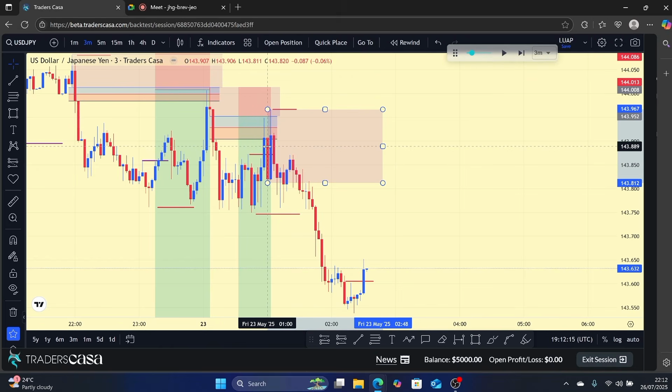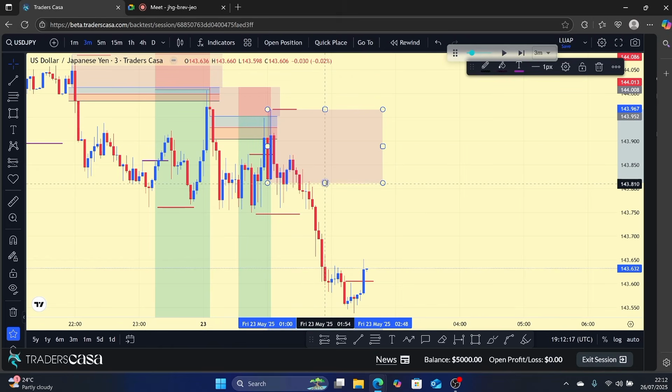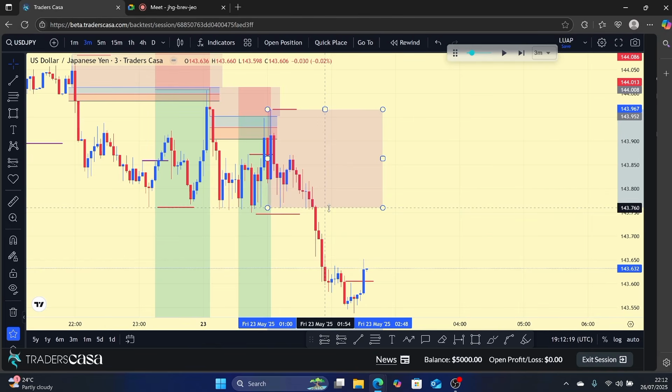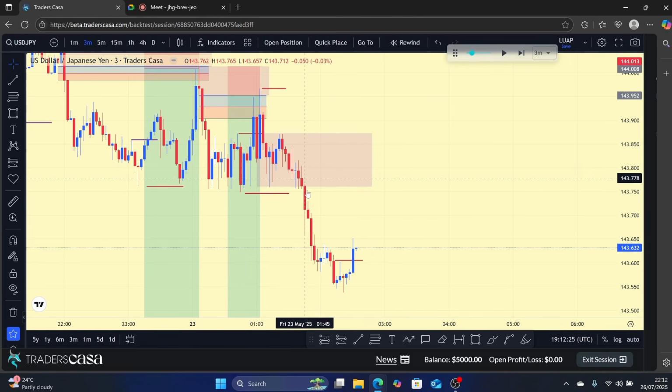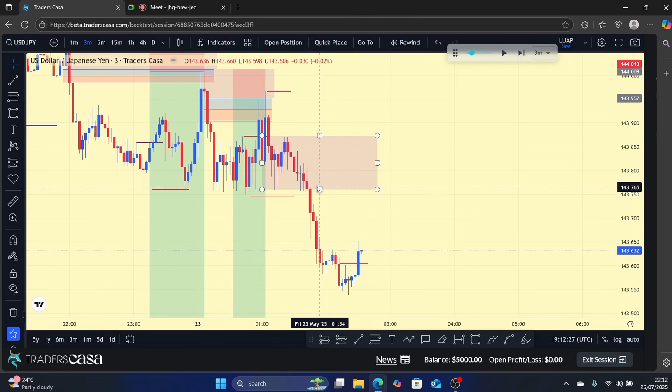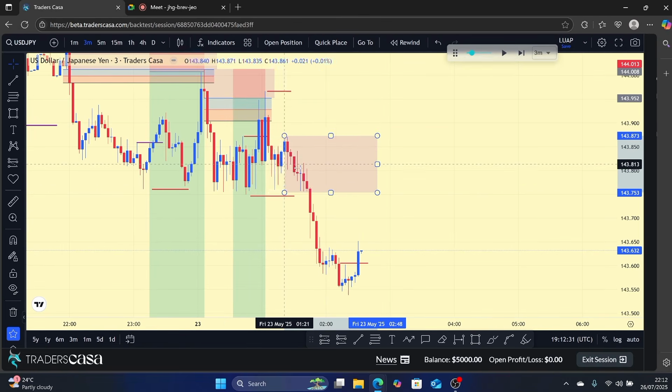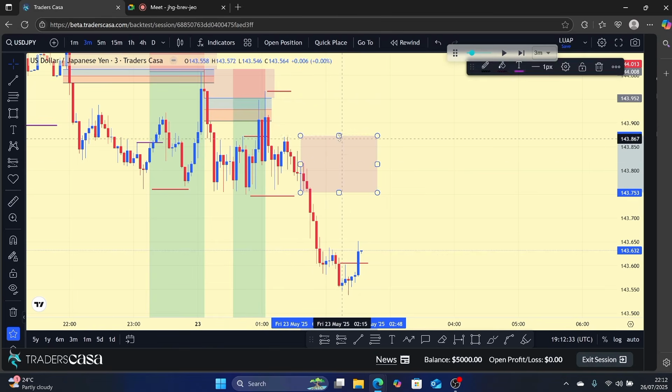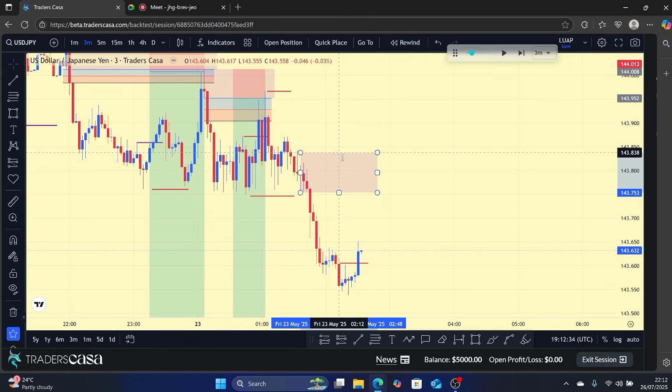So that was the order flow, which was mitigated here. So I'll be shifting to the next order flow, which is this one here. See this? That's the order flow. And the high.